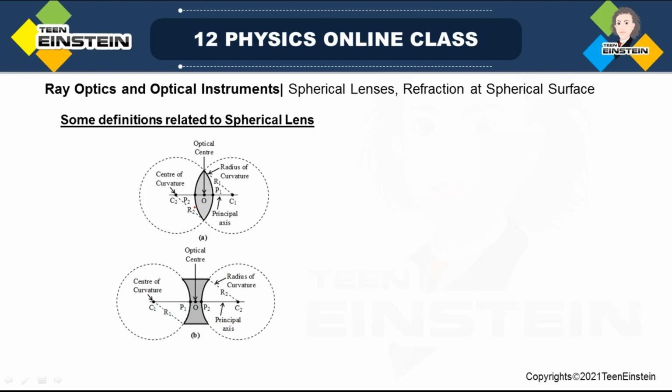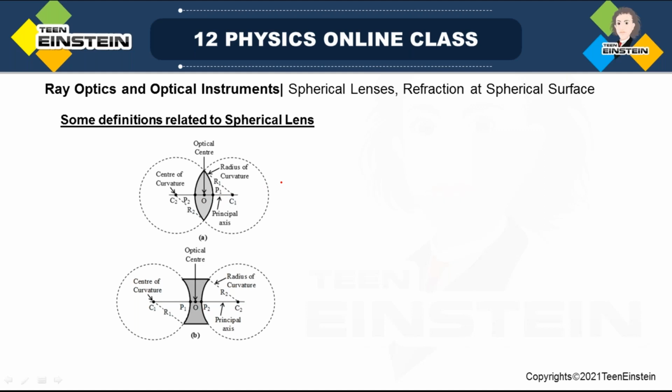Since these surfaces are part of two different spheres, this kind of lens is called a spherical lens. And these two spherical surfaces have their individual radii of curvature. So if you have a convex lens, you have two radii of curvature.